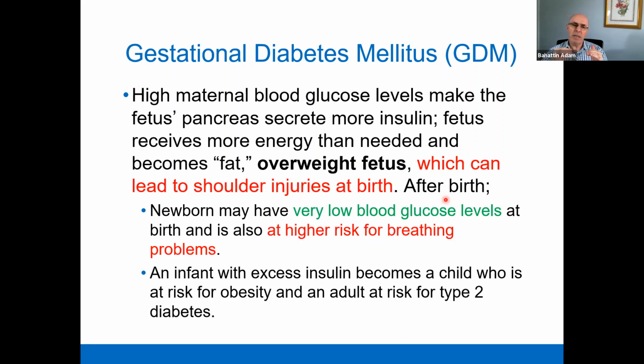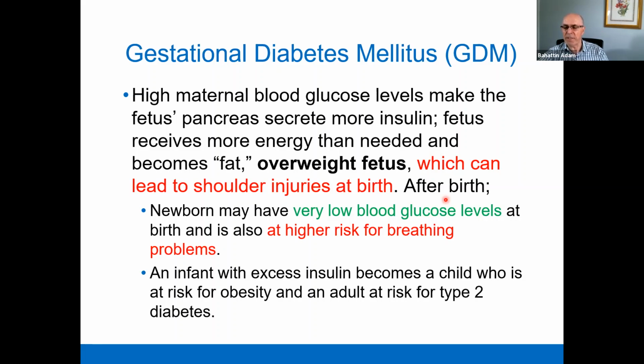After birth, the newborn may have very low blood glucose levels because it already has a high insulin concentration, and after birth the baby cannot provide enough glucose, and insulin will decrease the glucose.